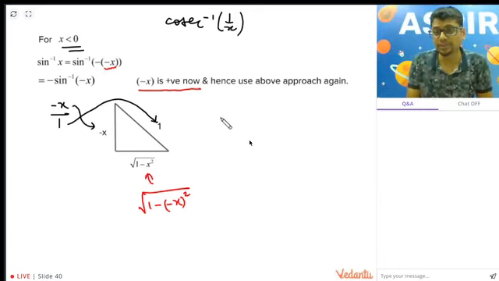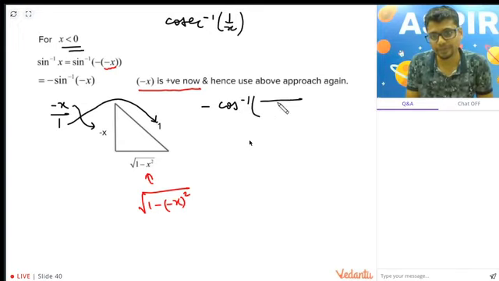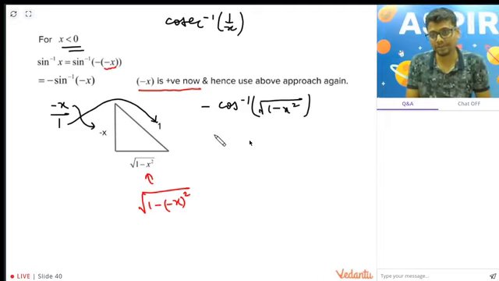Now what about cos inverse? Minus outside comes as it is, and it becomes cos inverse of base upon hypotenuse. That's it. Let's talk about tan inverse first.